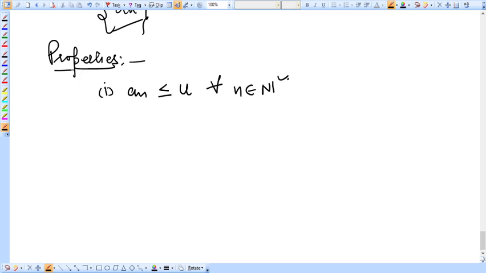All the terms of a sequence must be smaller than this upper bound. It is quite simple.